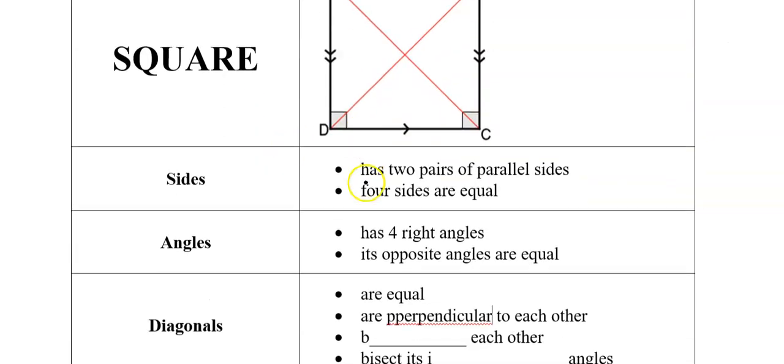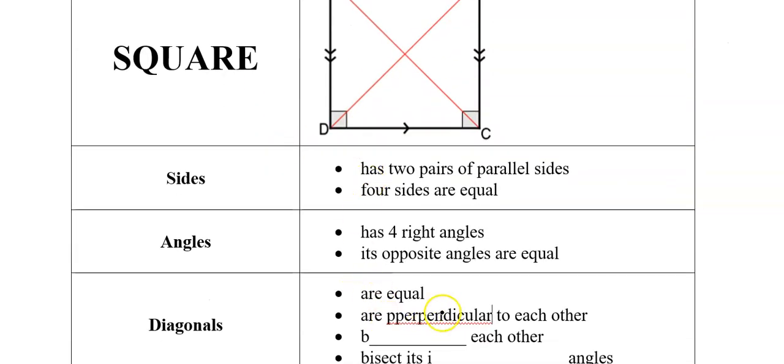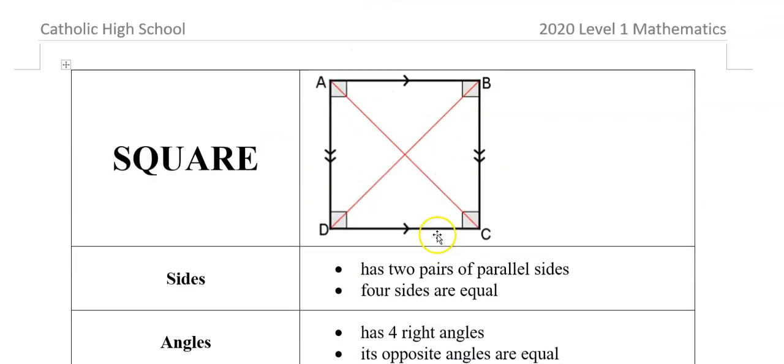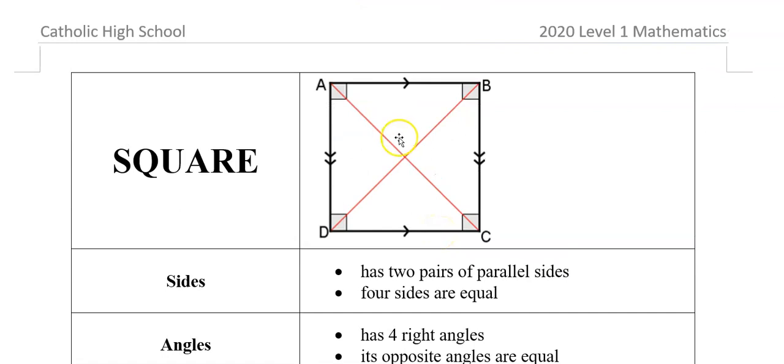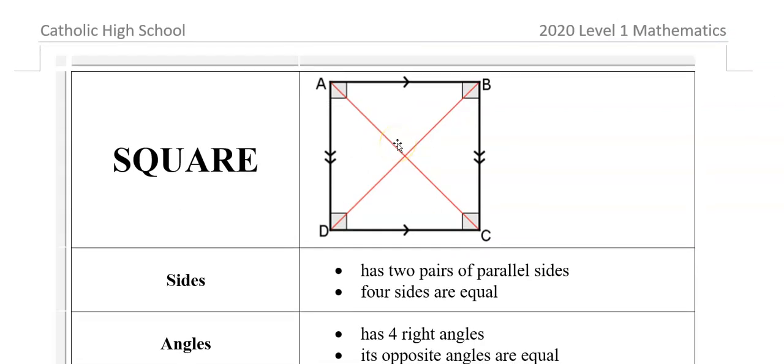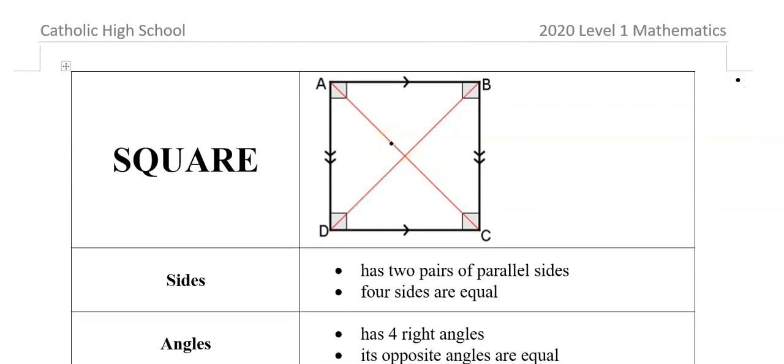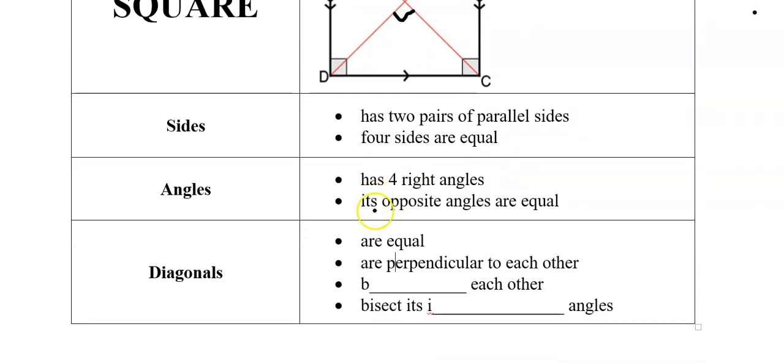For this particular point where the diagonals are perpendicular to each other, this means that it is a right angle over here. So these parts over here are right angles, and these two parts are also right angles. So actually, they bisect each other.